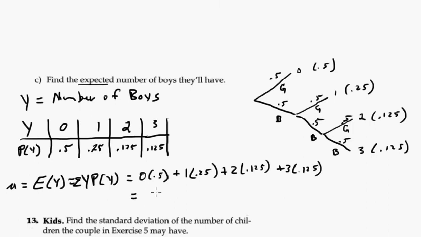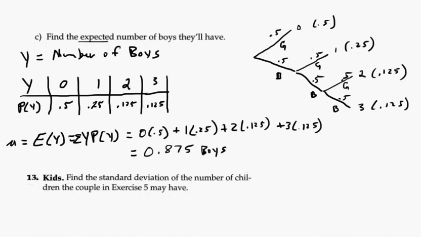And that comes out to be 0.875 boys. Again, it doesn't make sense to have one couple have kids until they have a girl and then start all over. But you could think of this as many couples doing this, and then trying to find the average number of boys across all those couples.